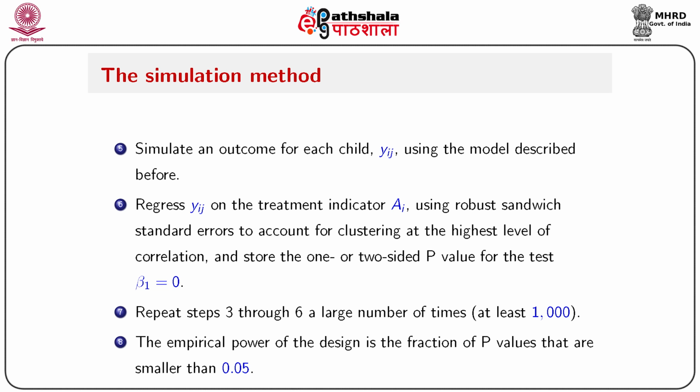Then the empirical power of the design is the fraction of p-values that are smaller than 0.05. So you can develop a function that will return the fraction of p-values less than 0.05 out of 1000, and that would be your power.